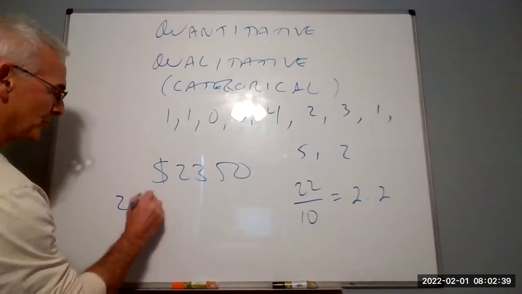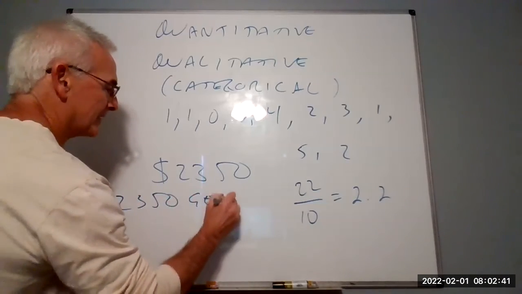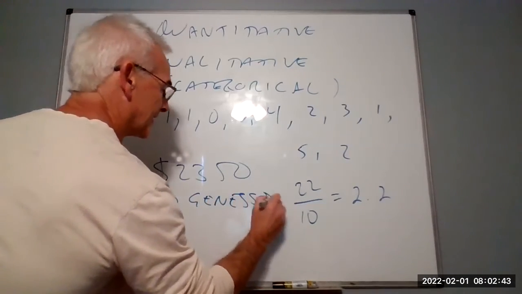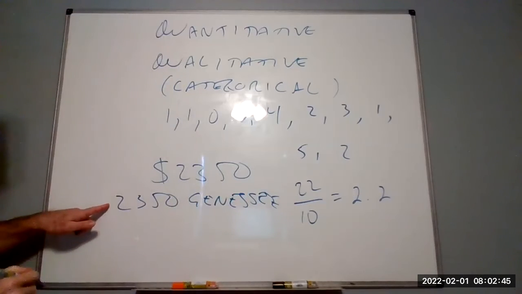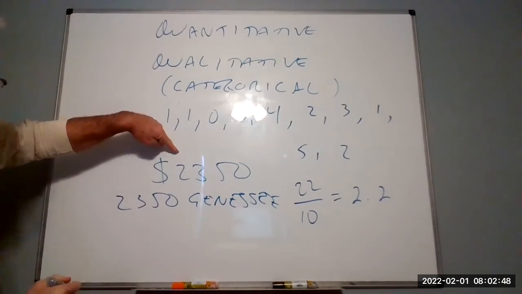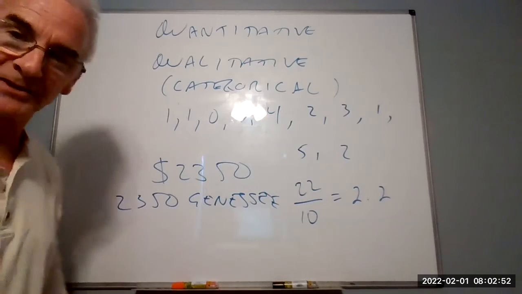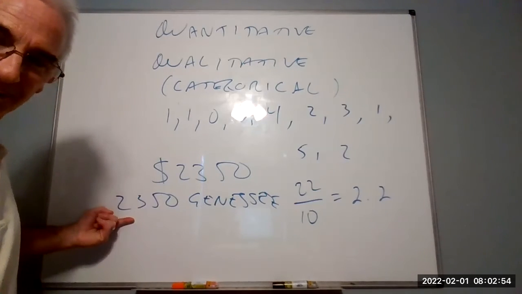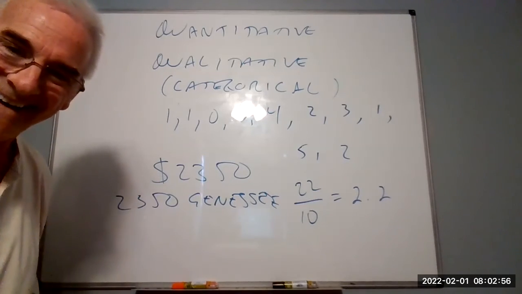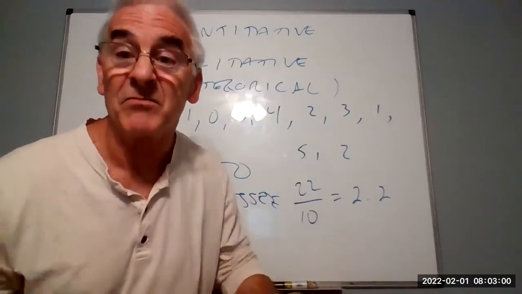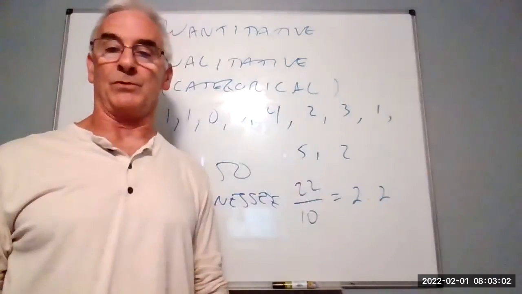You live at 2350 Genesee. I think I'm spelling that correctly. Your address is, okay, you spent $2,350 on an appliance. You live at 2350 Genesee. Quantitative or qualitative? Qualitative. It literally is describing the name of where you live.